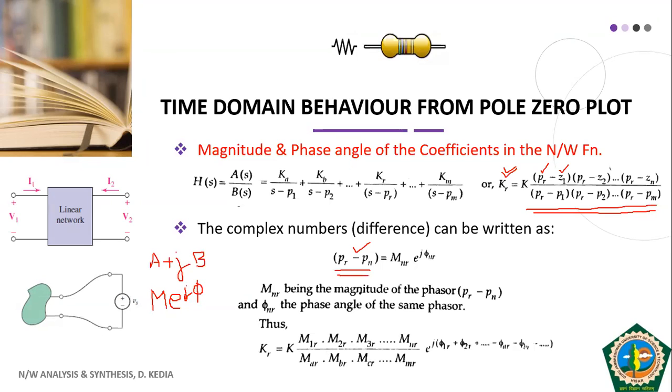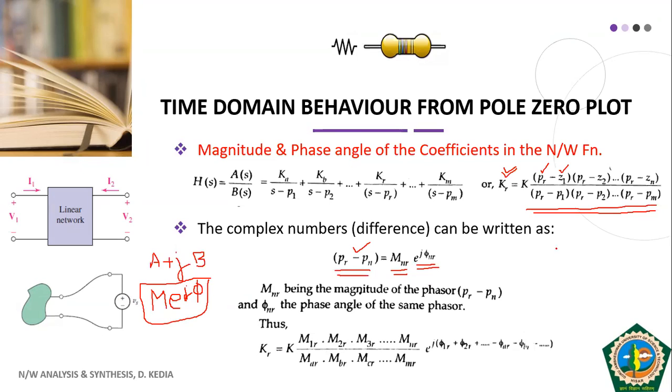In a way, this is the phasor representation of any complex number. So same is the case here. This MNR is the magnitude of this complex number, and this e raised to power j phi nr is the phase.